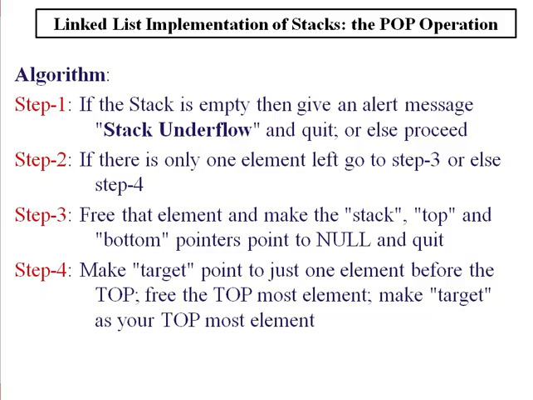If not, that is, if the stack has more than one element in the list, then after the removal we make the target point to the element below the topmost element.